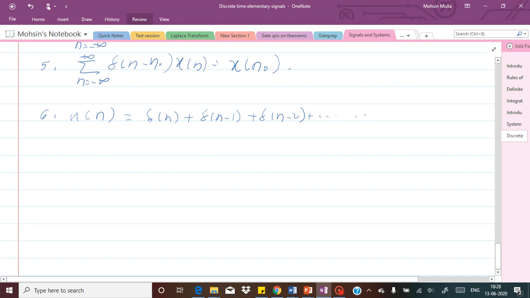We can keep on doing this till infinity. So we can convert this into a single summation starting from k equal to 0 to infinity del of n minus k.